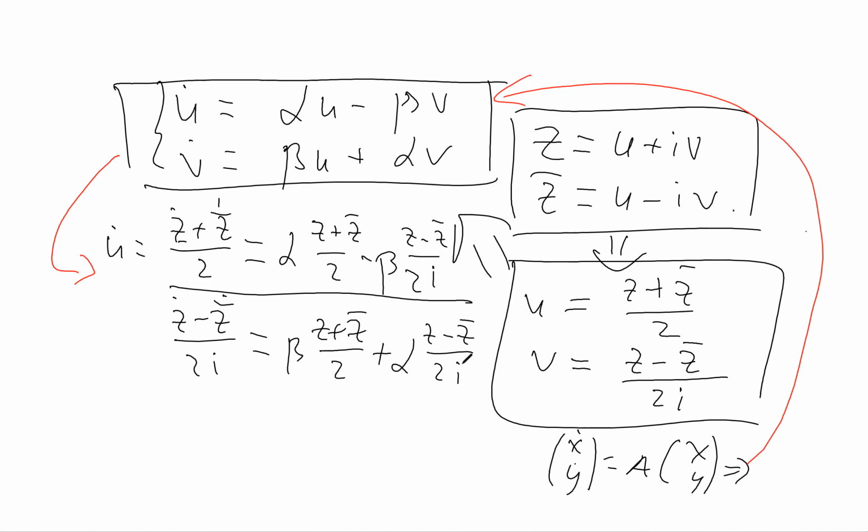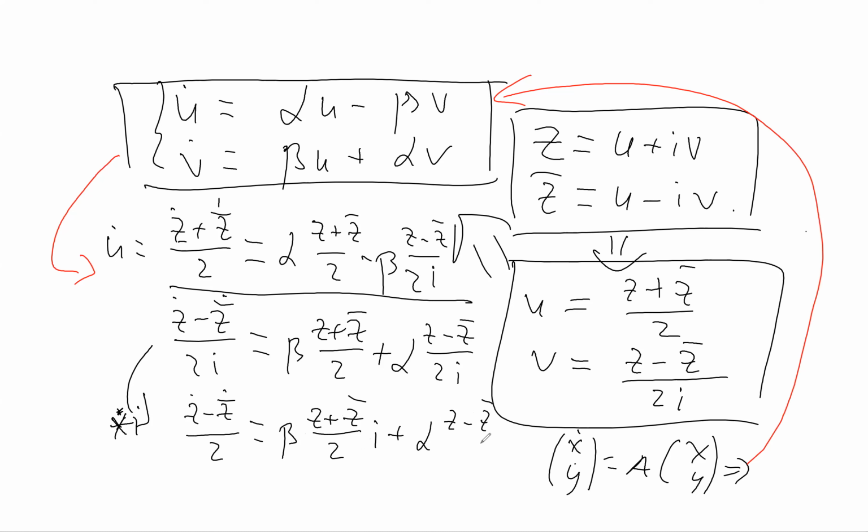Now let us multiply. This equation we should multiply by i. We will have z minus conjugate of z, derivative over 2, equal to beta times z plus conjugate of z over 2 times i, plus alpha times z minus conjugate of z over 2.